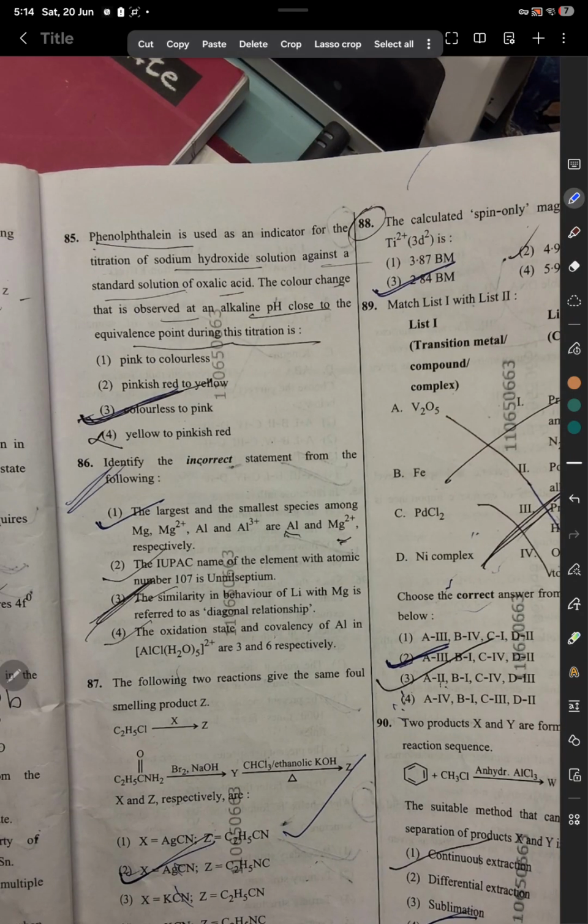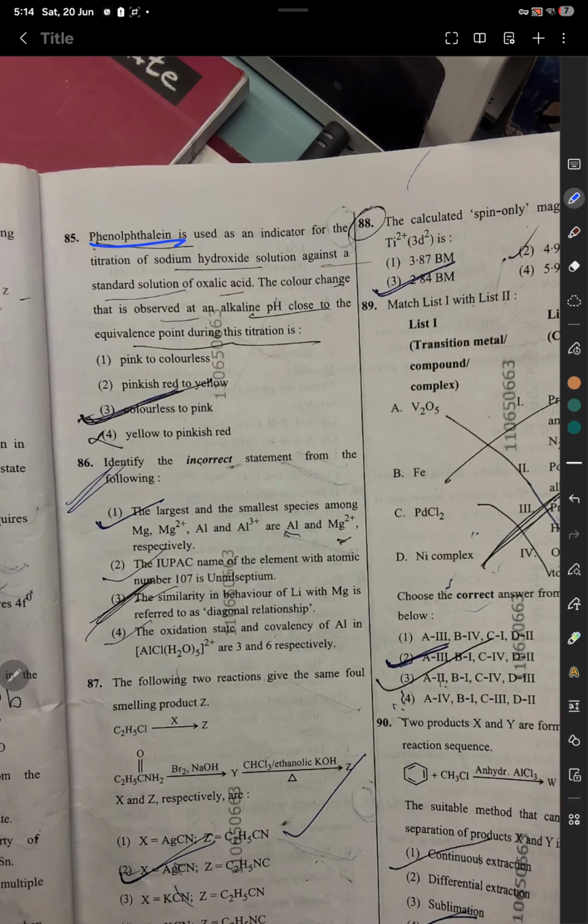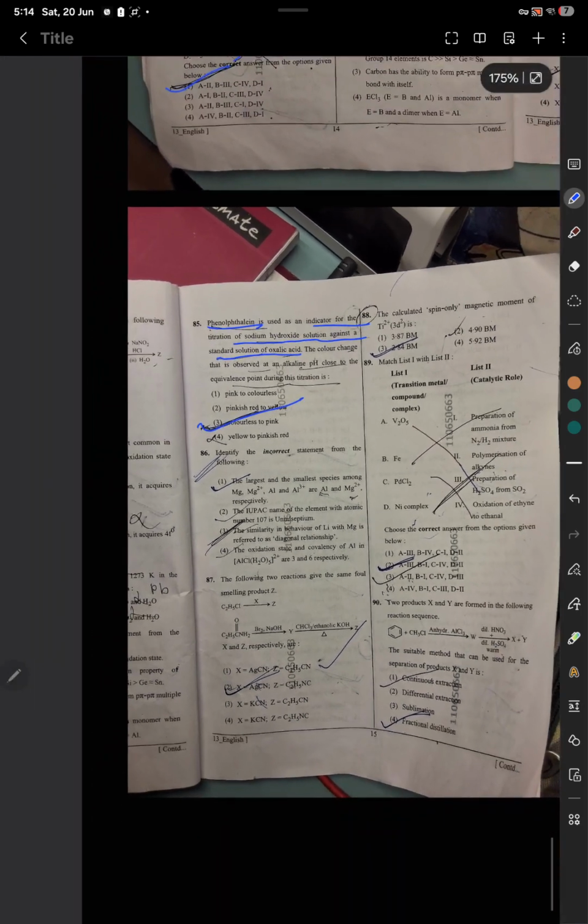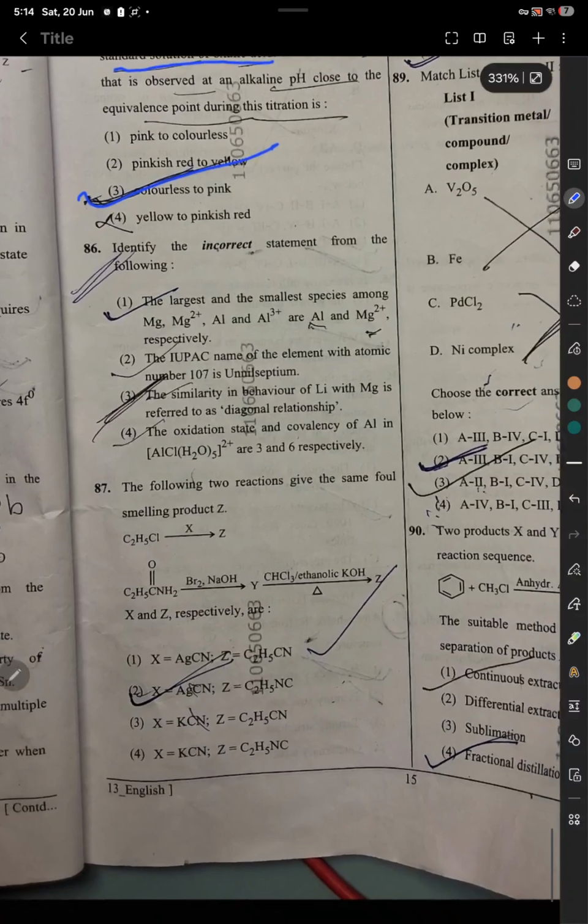Phenolphthalein is used as an indicator for the titration of sodium hydroxide solution against a standard solution of oxalic acid. The color change observed at an alkaline pH close to the equivalence point during the titration is colorless to pink. Option number 3 is your correct answer.